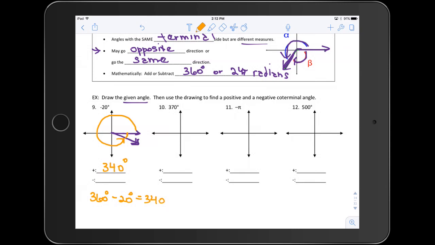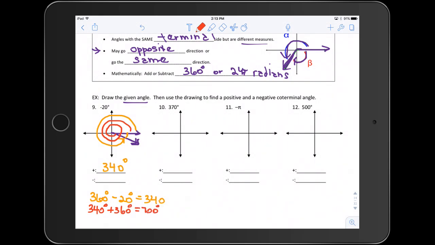Now when I was talking about the infinite number of coterminal angles, I could switch this to, let's say, red, and I could go around that 340 degrees, and then continue another 360 degrees around. So I could have 340 degrees plus 360, and what will that give me, 700?